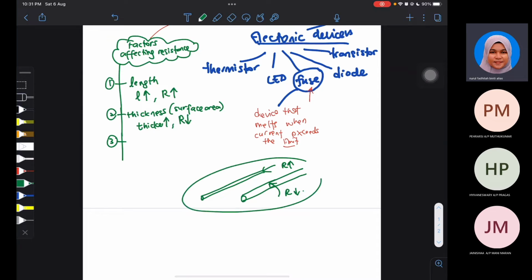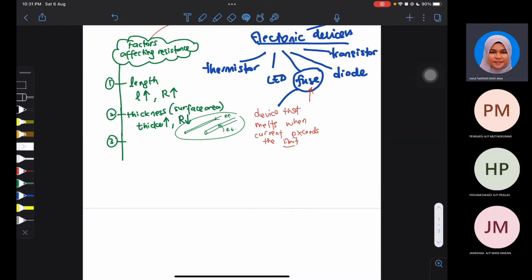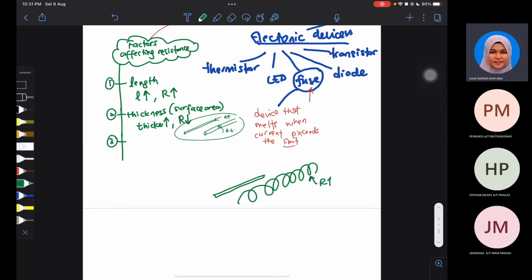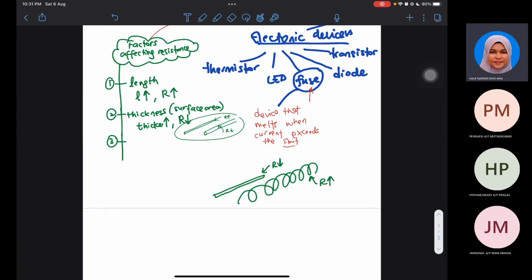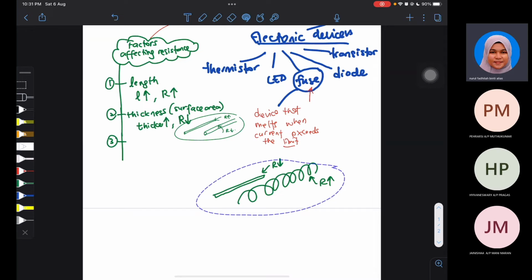Ada lagi satu, length. Satu panjang macam ni, satu lagi panjang dia macam ni. Mana lagi longer? So this one longer kan? Yang longer ni dia ada resistance high. Yang shorter resistance low.